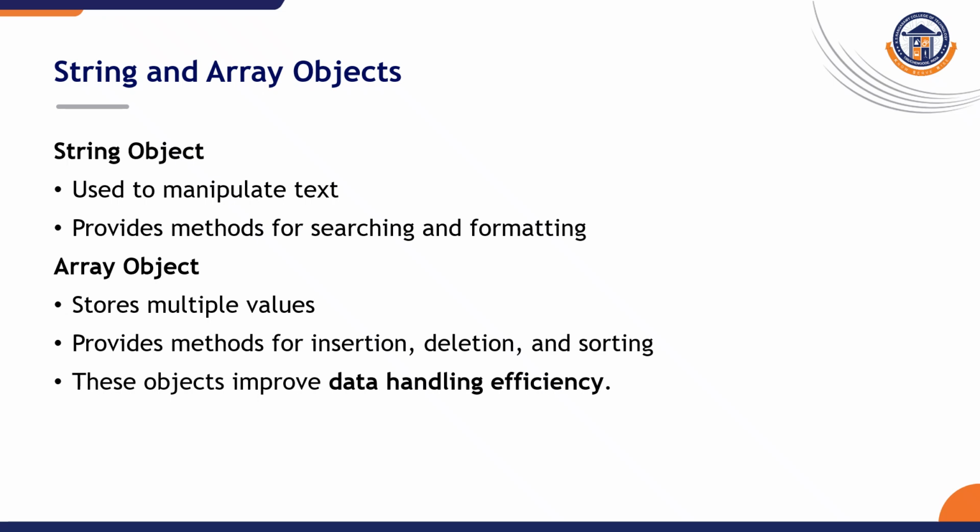The string object is used to manipulate text. It provides methods for searching and formatting. Array objects are used to store multiple values. They provide methods for insertion, deletion, and sorting. These objects improve data handling efficiency.